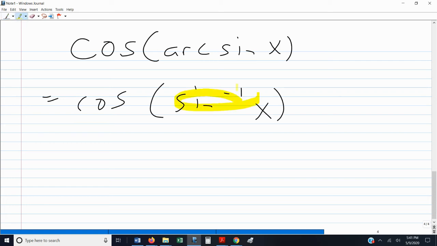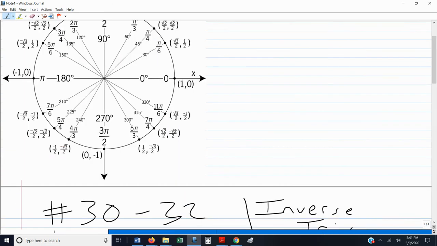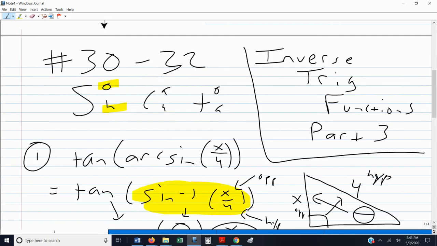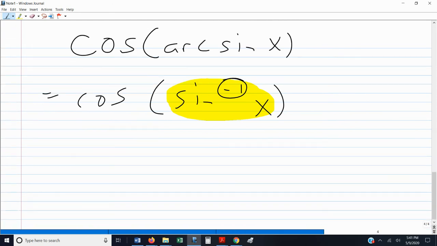So we're always starting with this inner expression, and the inverse is saying what angle has a sine of x. Again, we're not going to use the unit circle because there are no sines or y values of just x. So we're going to make our own triangle. And again, we're going to construct that angle to be theta. So we want an angle that has a sine of x.